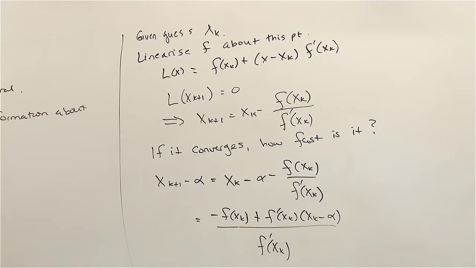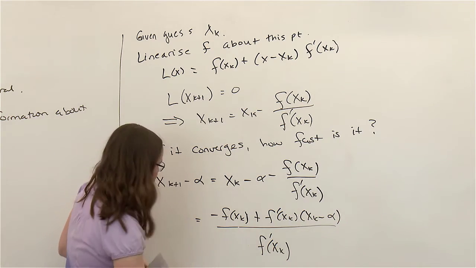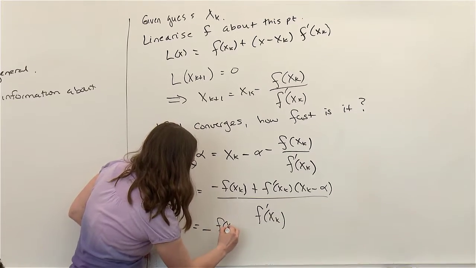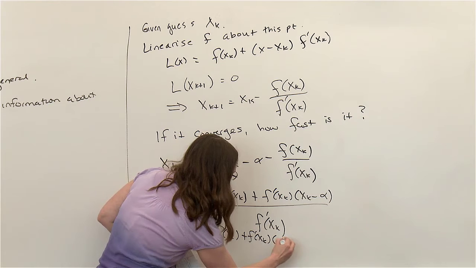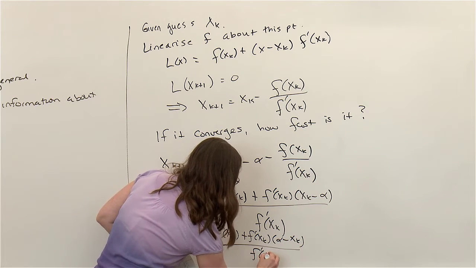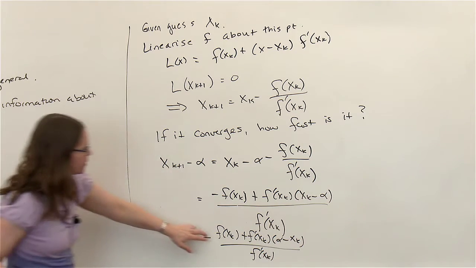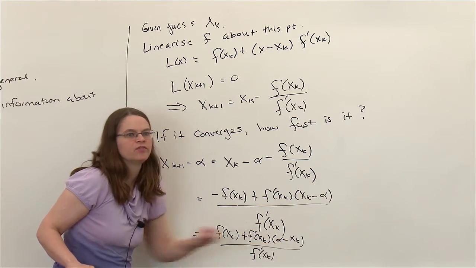Okay, so I can make it a little more obvious that this is a first order Taylor approximation. Let me pull this minus out. I have f of xk plus f prime of xk, and I swap the sign here. So this looks like a Taylor expansion about xk, where I'm trying to approximate f of alpha.